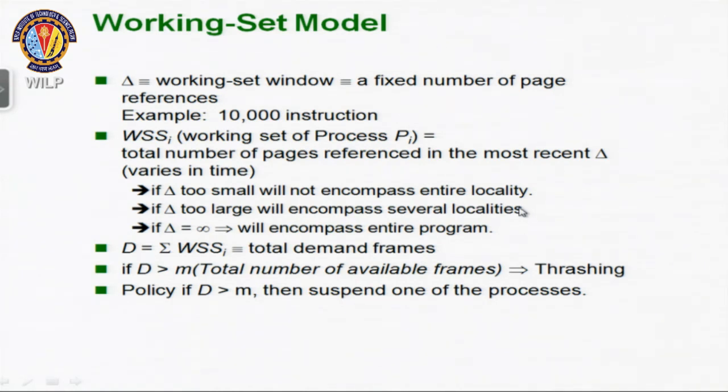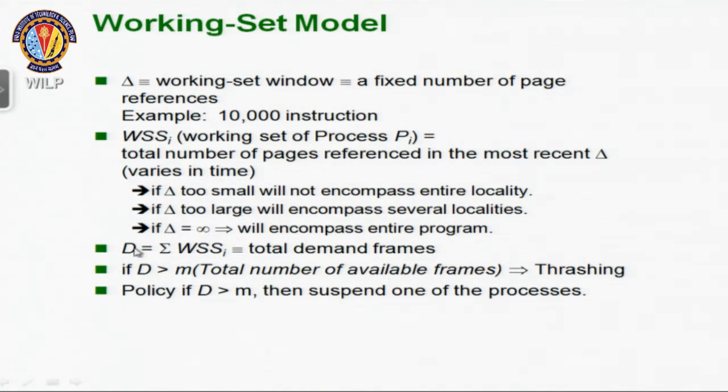We should have a delta large enough to encompass a locality. If delta is too large, then the same delta can encompass several localities, and if delta is infinite, then the entire program will come into a single locality.